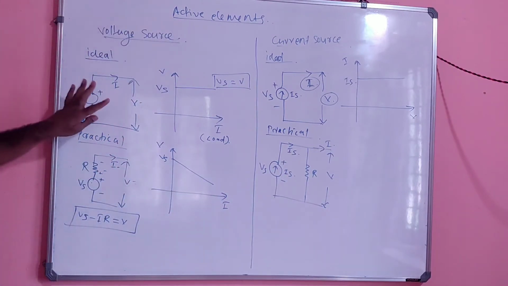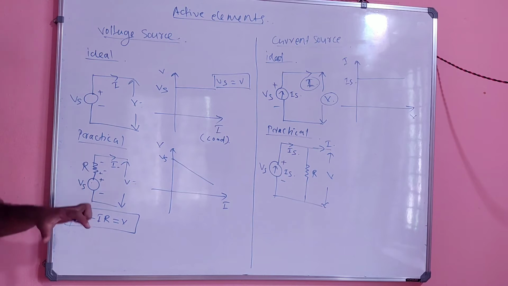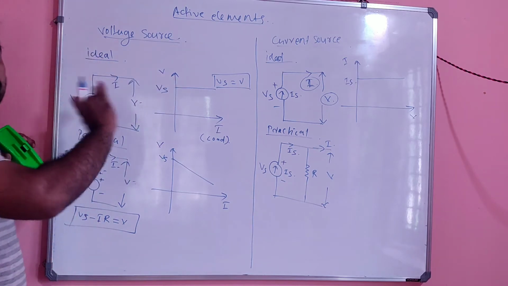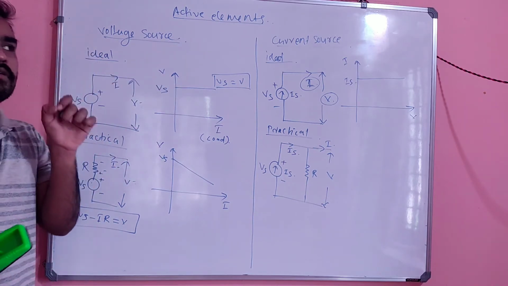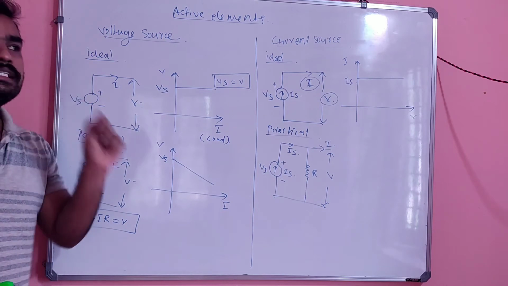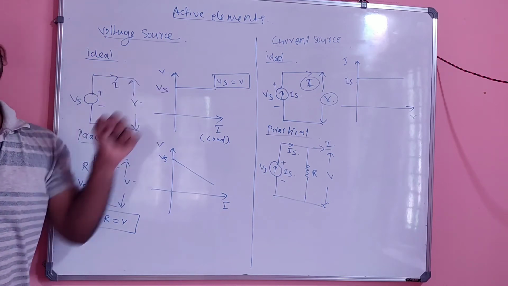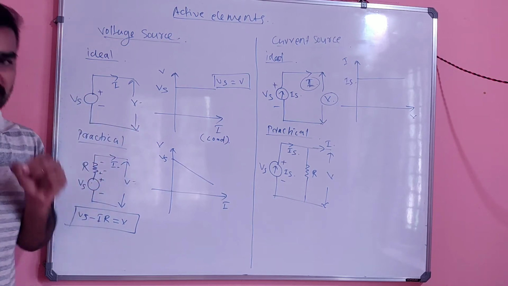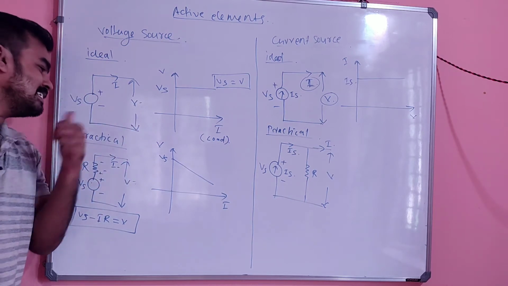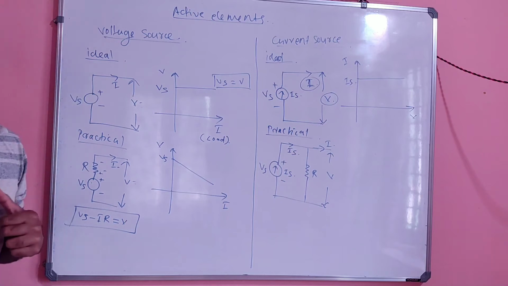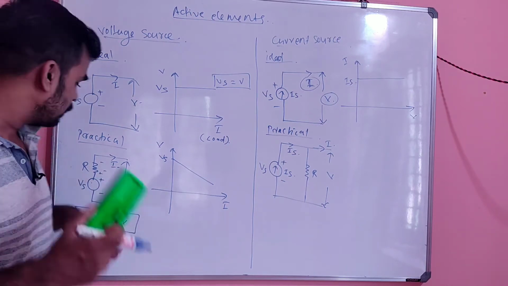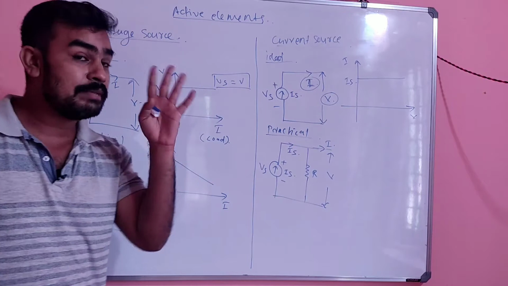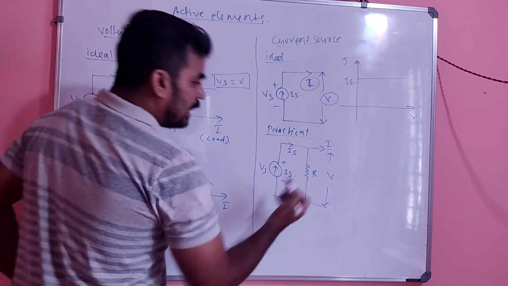In the case of the voltage source, ideal means voltage is always constant. Practical voltage source means the voltage should be less than the ideal one, so something is added in series, that is the series resistance. Series and parallel combination, you can imagine like this. So this is the case.